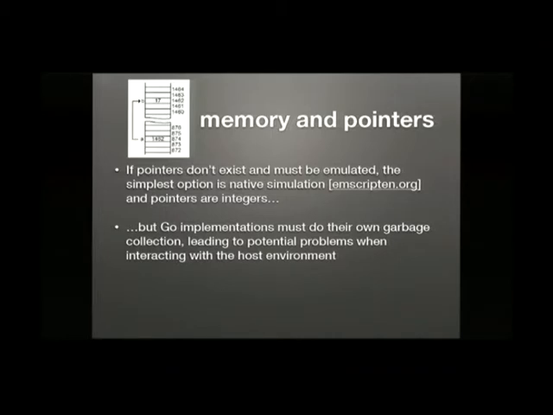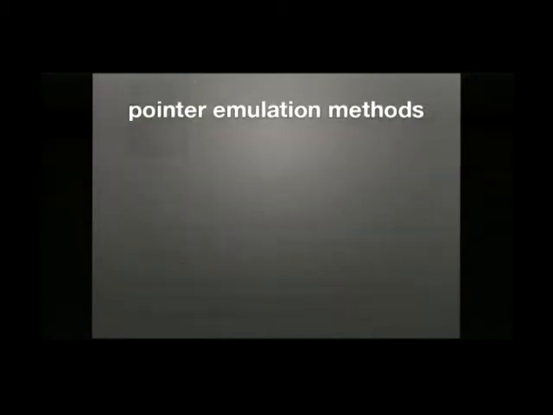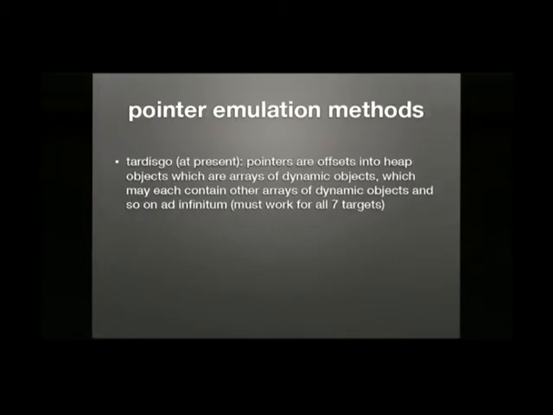So what we've both done in Go4JS and TARDIS Go is to think of each lump of memory as a different object inside the host environment, and let the host take care of the garbage collection. The way we do that in TARDIS Go, which has to work across 7 platforms, is very, very simple indeed.